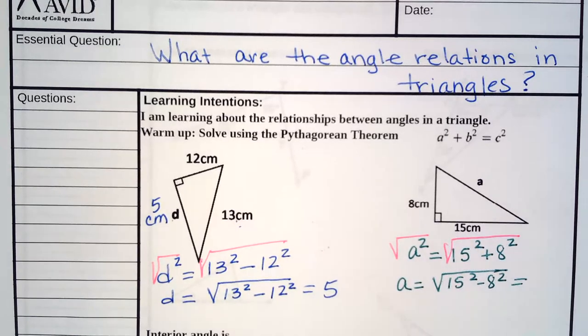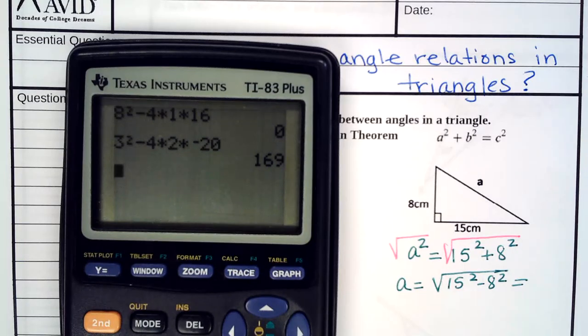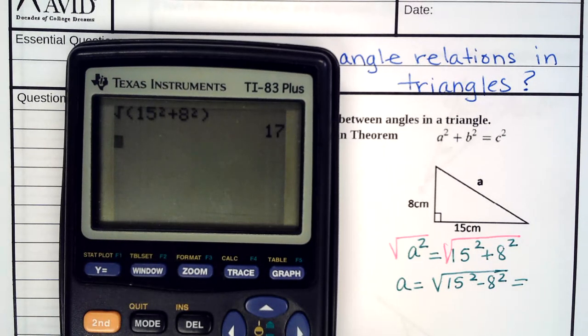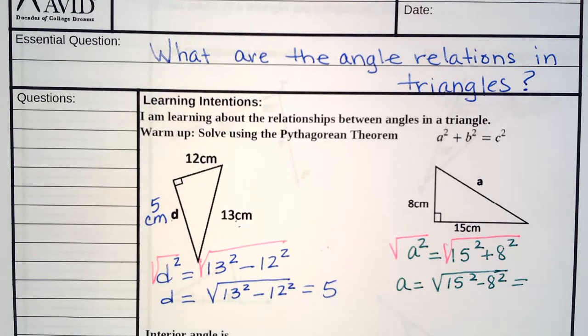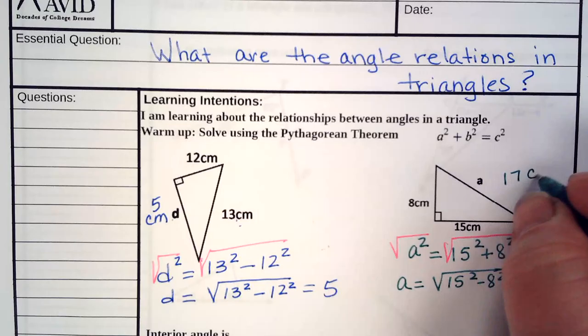So I'm going to hit clear on this. I'm going to go second x squared, 15 squared plus 8 squared, close it off, and I get 17. Once again, that will be 17 centimeters.